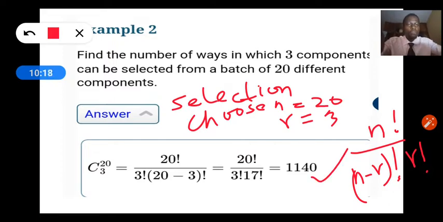Simplify that, and of course we are going to have that answer. We did this in our last class under permutation. We learned how to simplify factorials. So if you simplify that factorial, that is what I have. That brings us to the end of example 2.